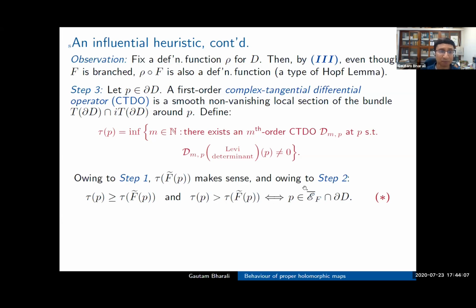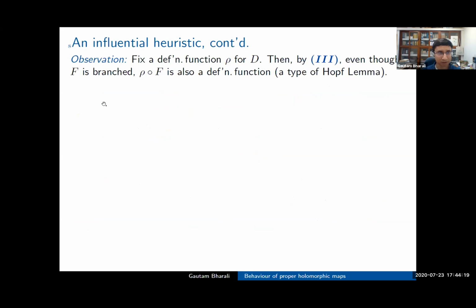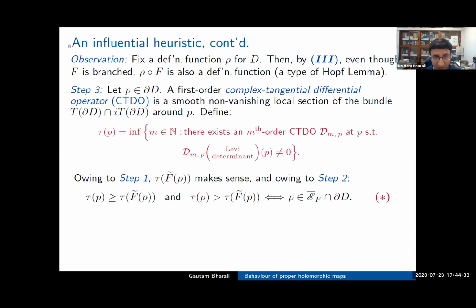And owing to step two, what is step two? I should go back. Step two is that limit points not already in the branch locus are going to sit inside the boundary.